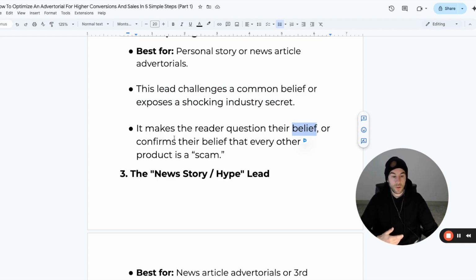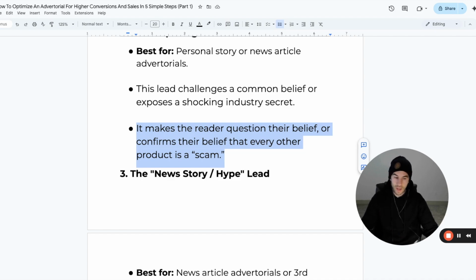And if you know that it's a highly skeptical market that believes every product in that category is a scam, you can also confirm that by telling them, hey, listen, I tried 11 of these and spent $500. Here's the only one that works, kind of deal. So you can confirm their suspicions but still bring them around to the same product by saying that you tested a bunch of these and this is the only one that worked.